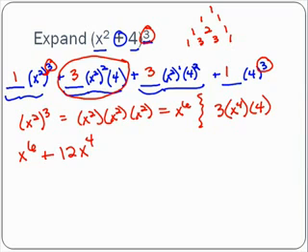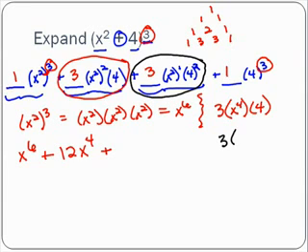So that's my second term, all simplified. Okay, now I'm going to move on to the third term. So in the third term, I'm going to take 3 times x squared times 4 squared. 3 times 16 is 48 and x squared.